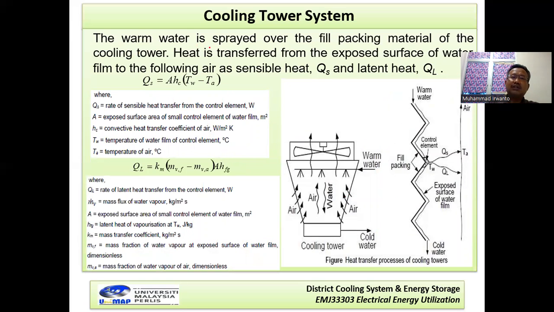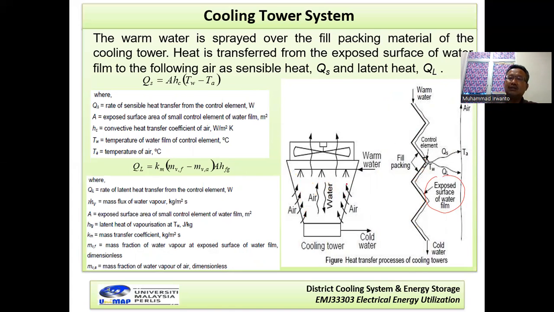Now, the warm water is spread over the fill packing material of the cooling tower. Heat is transferred from the exposed surface of the water film. This one is inside this cooling tower, surrounding around it, the circle of the cooling tower here.